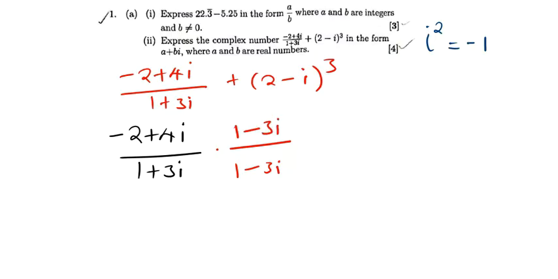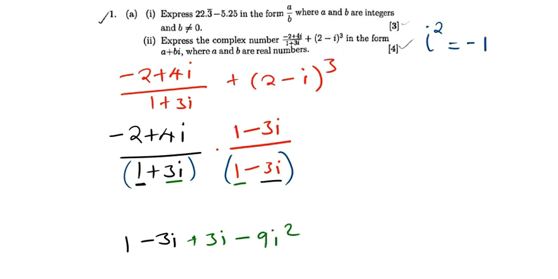Now if you're not new to complex numbers, you understand that each time you're multiplying a complex number by its conjugate, just multiply the like terms, because the middle part will cancel. Let me show you what happens there. 1 times 1 is 1, and then multiply by the negative 3i. Now the second part: 3i multiplied by 1 is positive 3i. 3i times negative 3i is going to be a minus 9i squared.